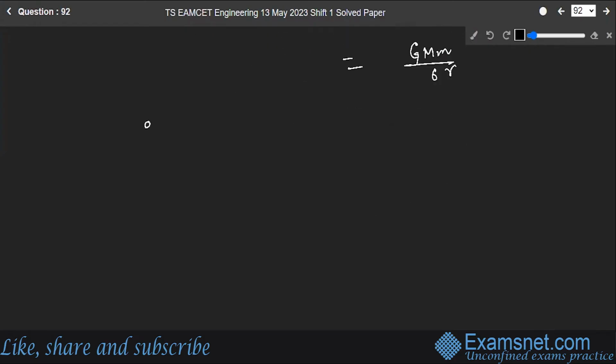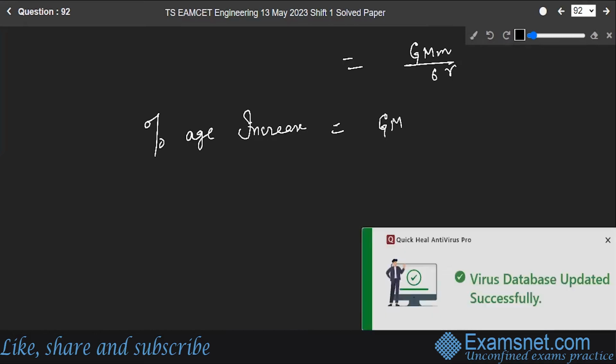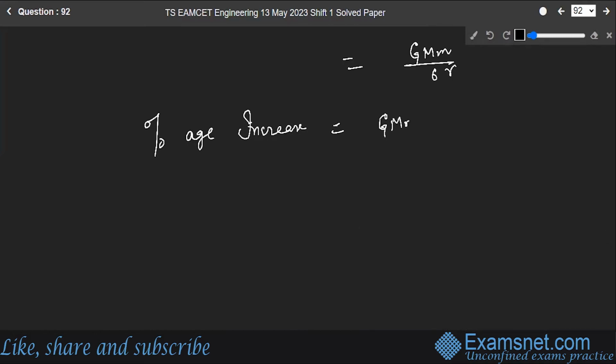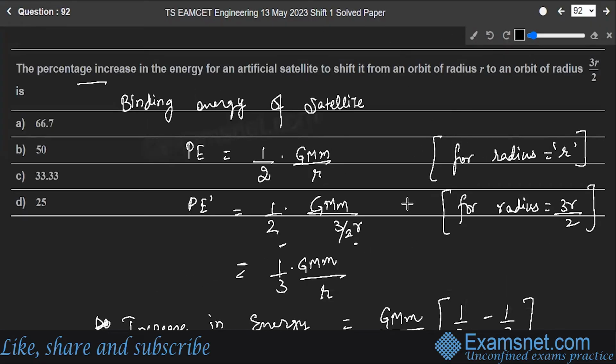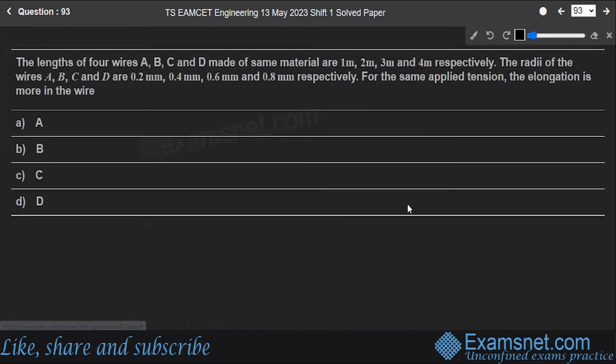You have to find out the percentage increase. Percentage increase is given by the increased value divided by the initial value, which is GMm upon 2R, into 100. This cancels. This will be 3, and you have 100 upon 3, that is equal to 33.33%. So the answer to the question is option C. Hope you got that. Next is question number 93.